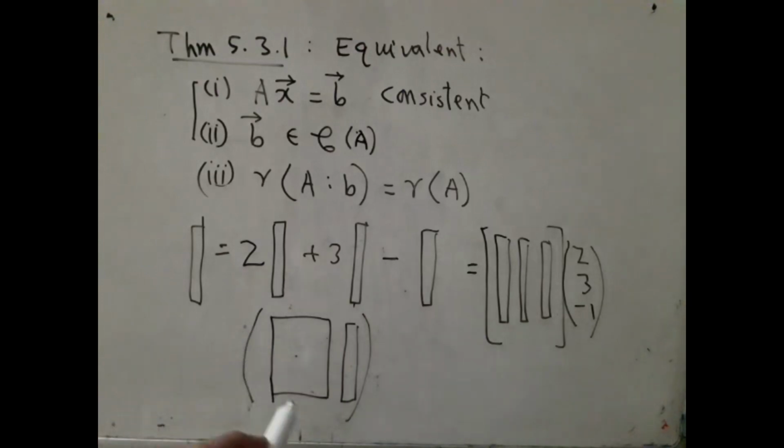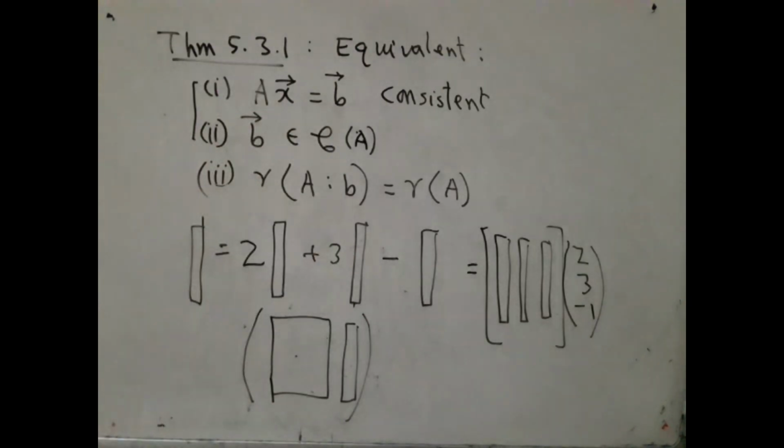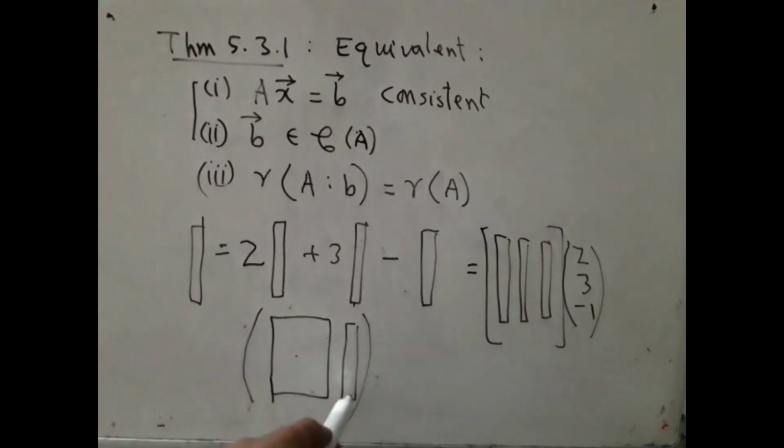And if on the other hand you are appending a new vector and still the rank does not change, so the dimension does not change, that means that this must be already in the span of the first few vectors.